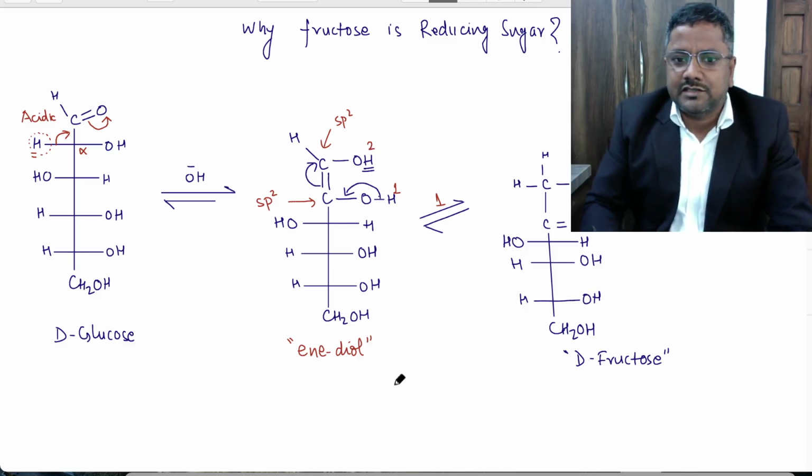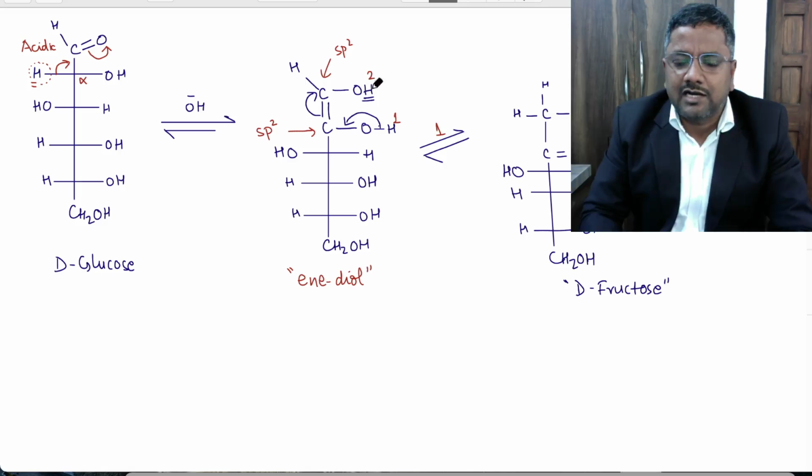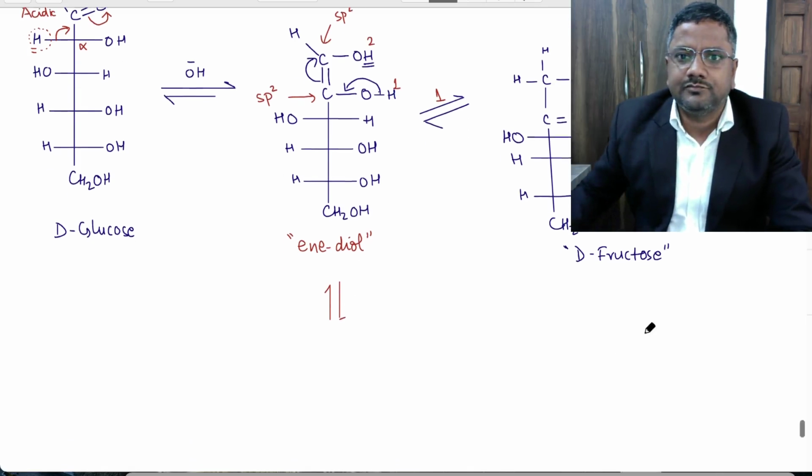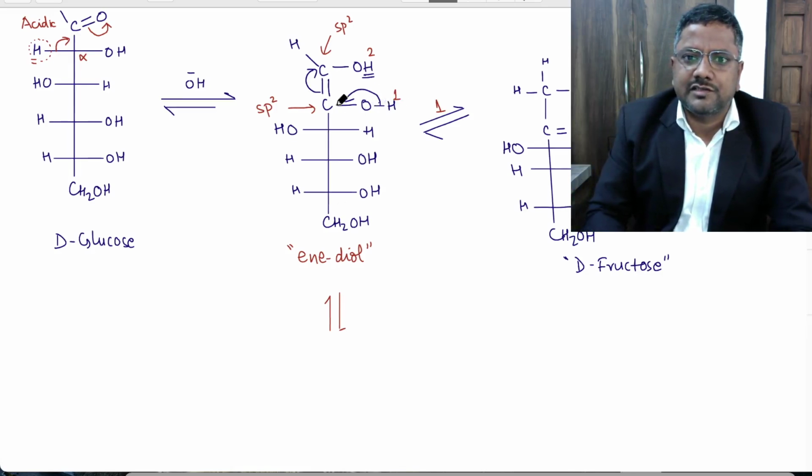So this carbon number two, hydrogen number two, will be involved in the tautomerization. Basically, this is a tautomerization, right? So what will happen? One possibility is that the OH is on the same side, so you will get glucose.